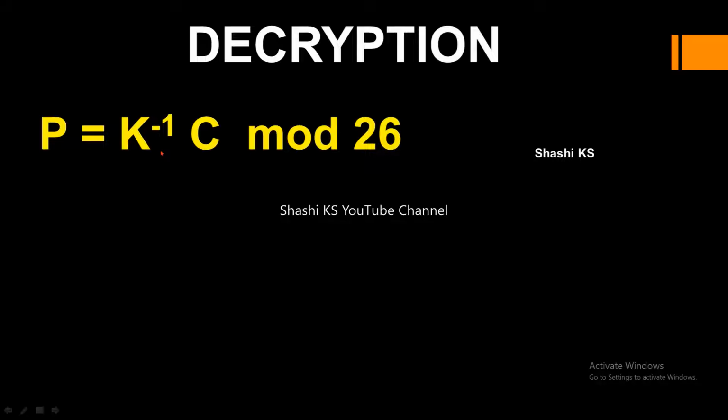So the receiver has to use the inverse of the key and multiply it with the cipher text which it has received from the sender, and then perform a mod 26 operation on the result to get back the plain text. So the formula which is used for decryption is K inverse multiplied with C and perform modular 26 operation.